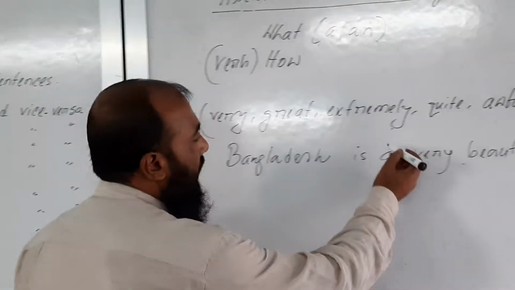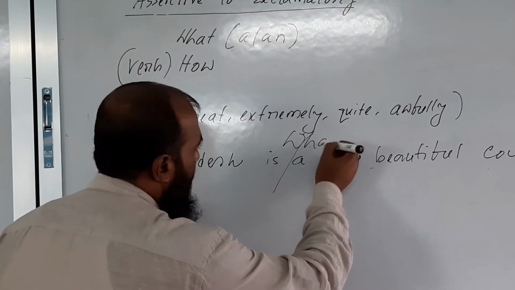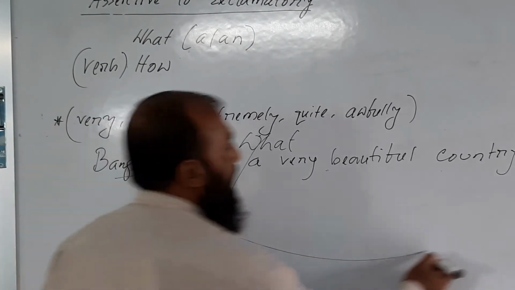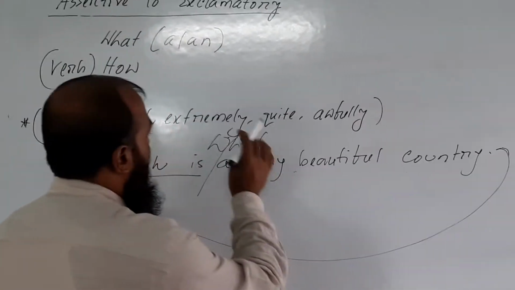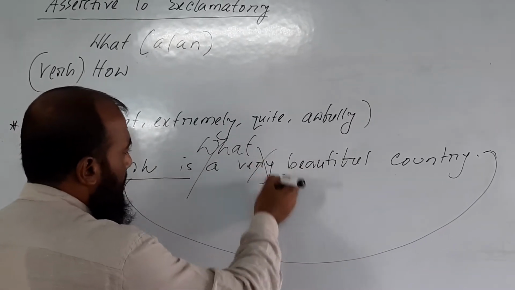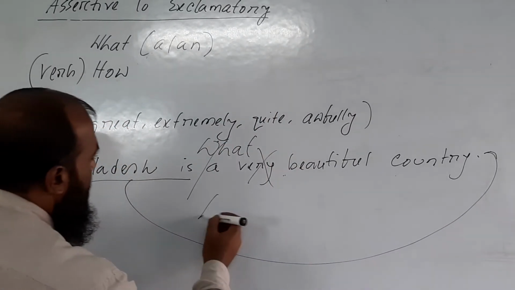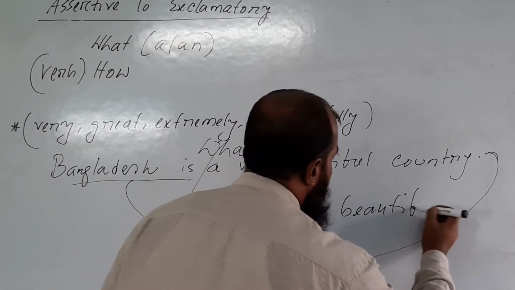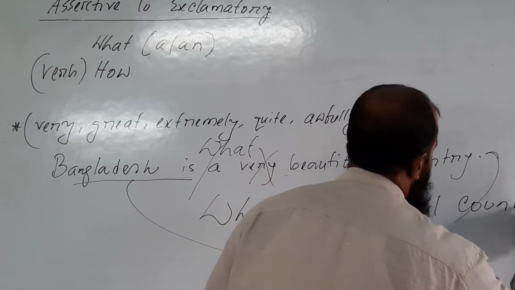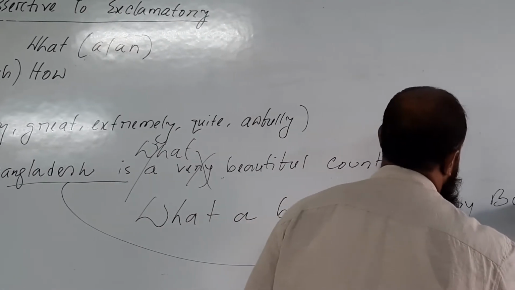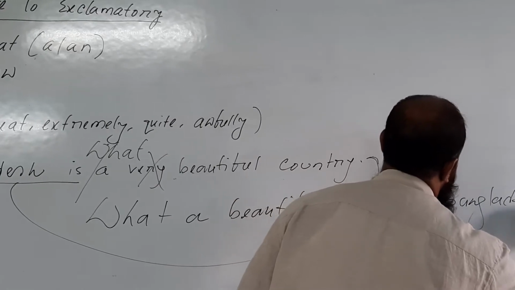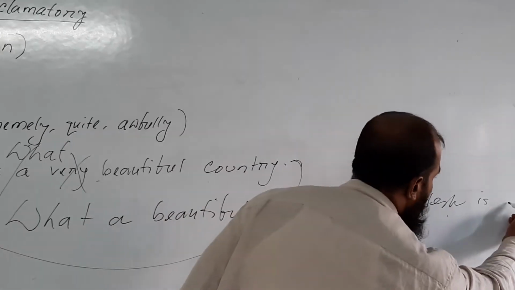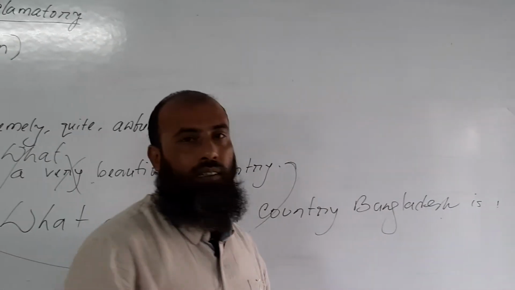So just before a, we have to use what, and the first part, that is subject and verb, should be used at the end of the sentence. And some words like very should be deleted. So the answer is, what a beautiful country Bangladesh is. And at the end of your answer, you must use note of exclamation. Clear?